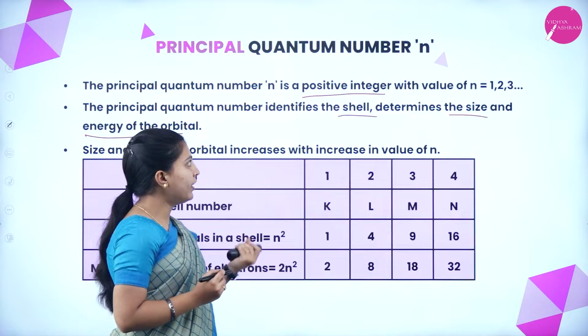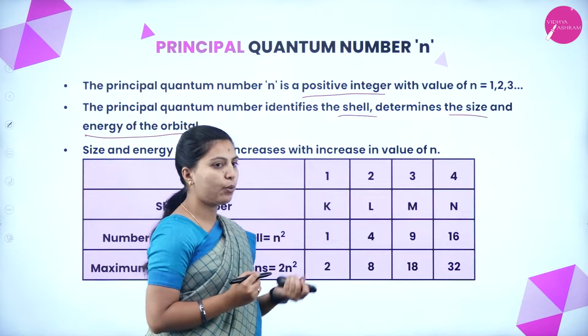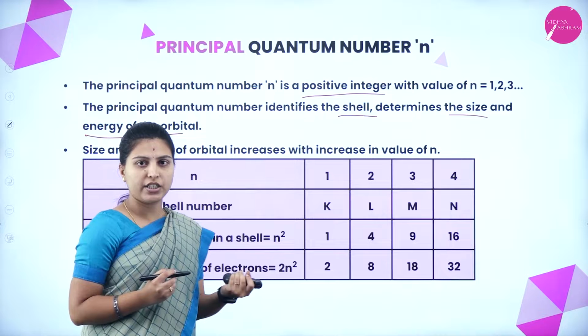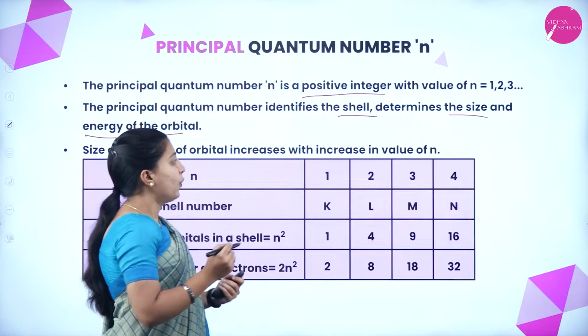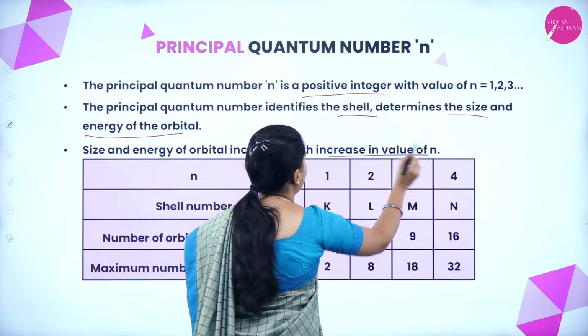It identifies the shell, like n equals 1 means the first shell, the first energy level. Size and energy of the orbital increase with increase in the value of n.